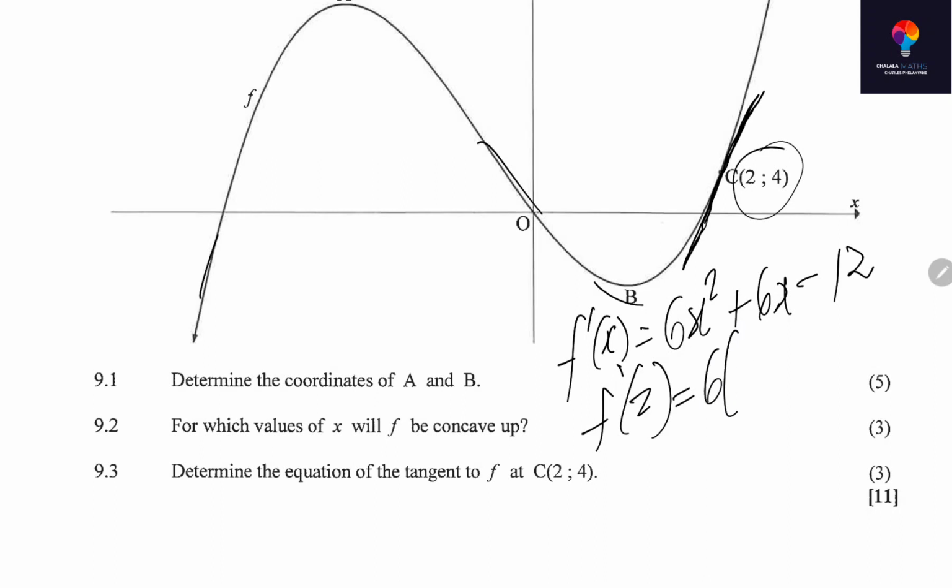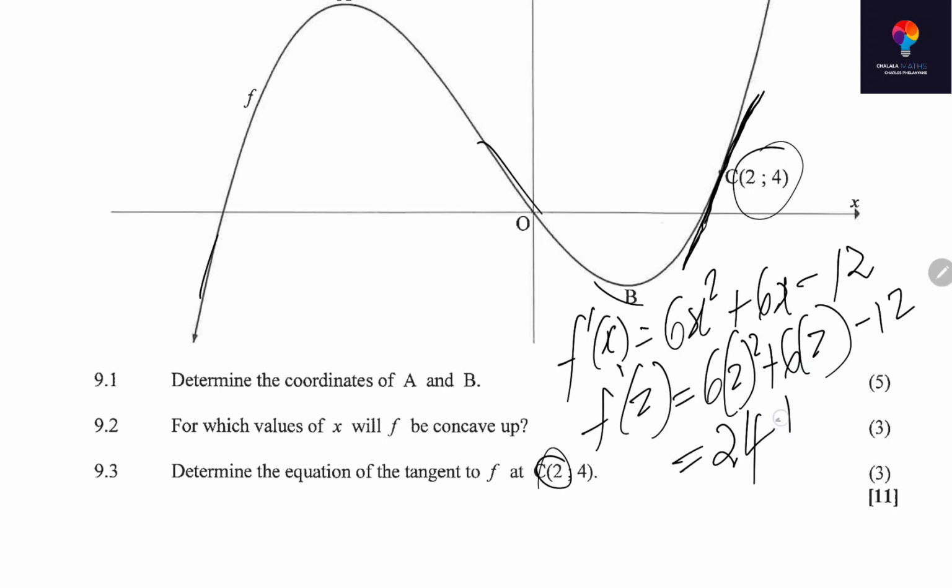Then we will replace x by 2. 6 times 4, because 2 to the power 2 is 4, is going to give us 24. 6 times 2 is going to give us positive 12 minus 12. They cancel each other, and the gradient, my God, is going to give us 24.